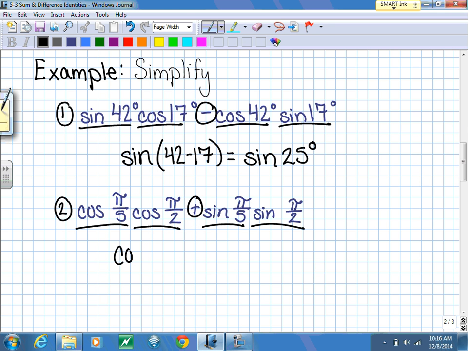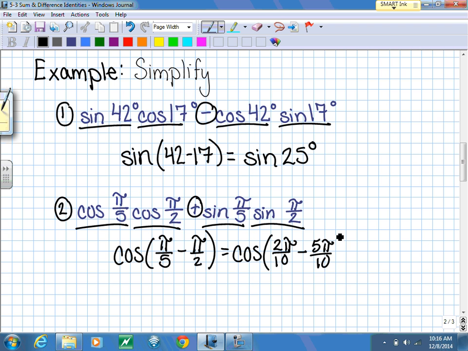So I'm going to be taking the cosine of pi over 5 minus pi over 2. Working through this, we have to have common denominators, which would be 10. So we think about this as 2 pi over 10 minus 5 pi over 10, and then we would end up with the cosine of negative 3 pi over 10.